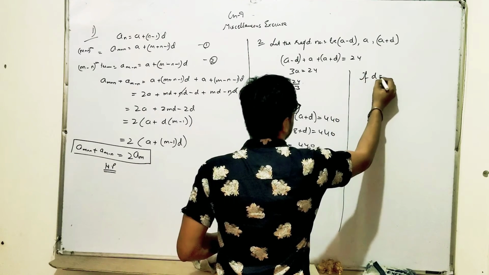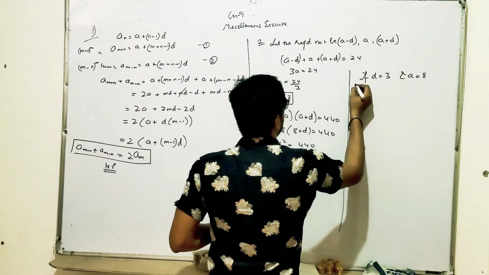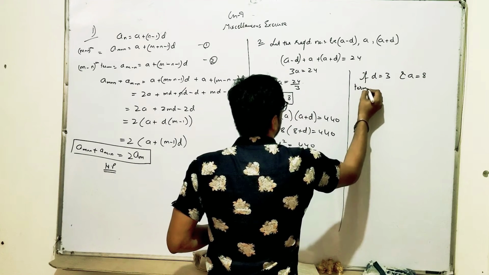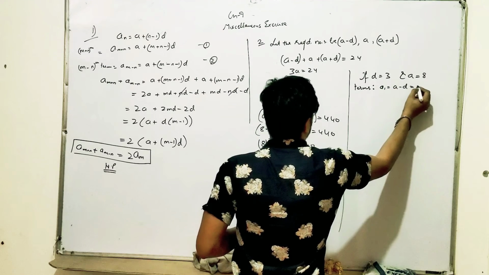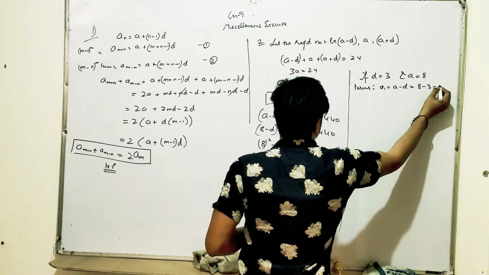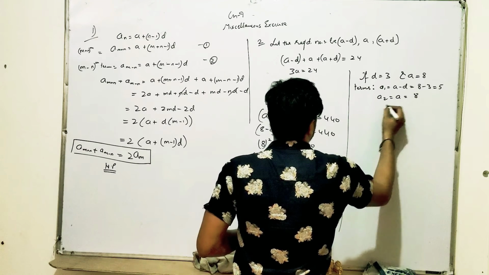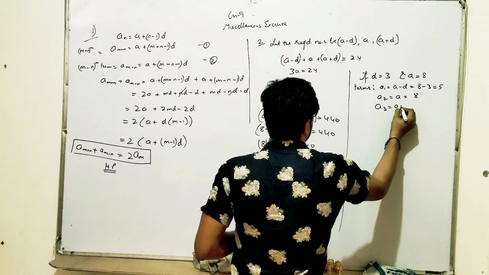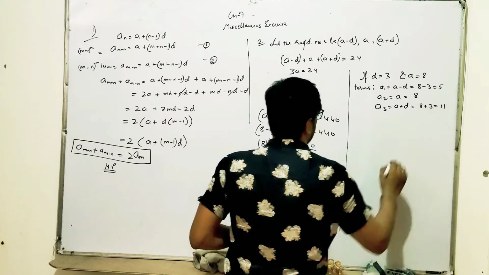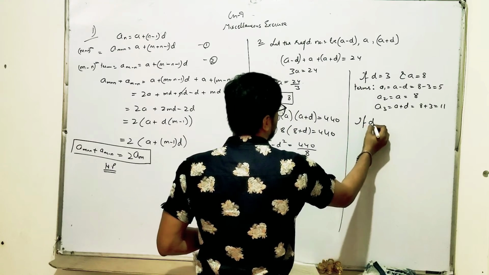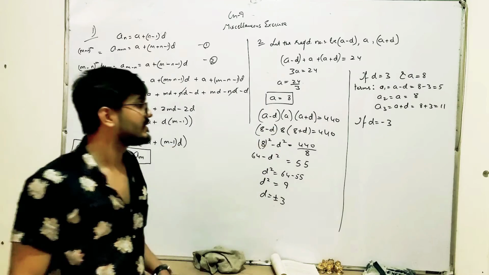If d is 3 and a is 8, so terms will be: a1 is a minus d, so 8 minus 3, 5. a2 is a, which is 8. a3 is a plus d, 8 plus 3, 11, right? If d is minus 3, we will have different terms, right?